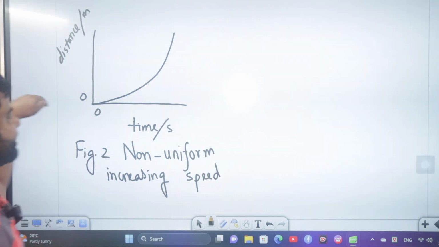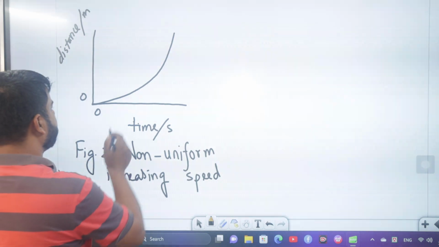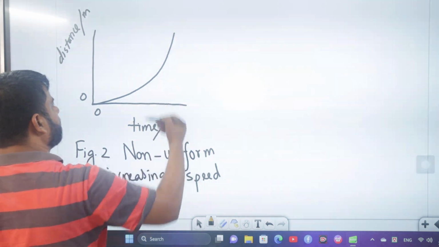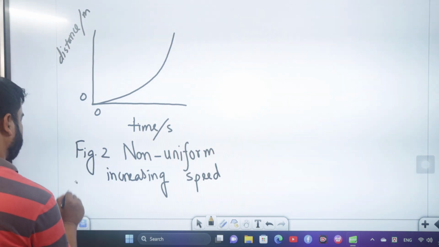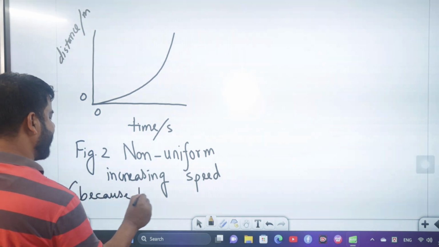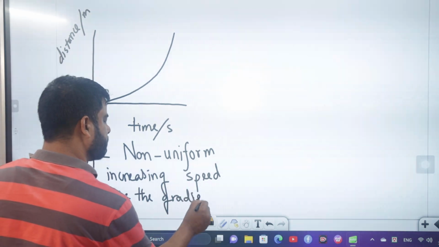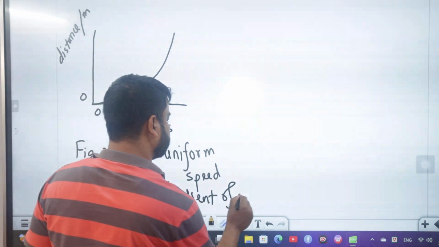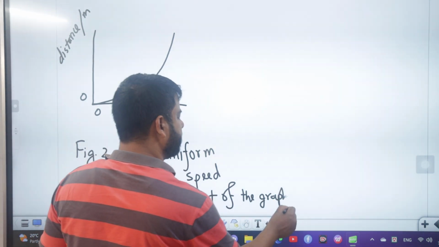Non-uniform because the distance time graph is a curved one, and increasing speed because the gradient of the graph increases with time.